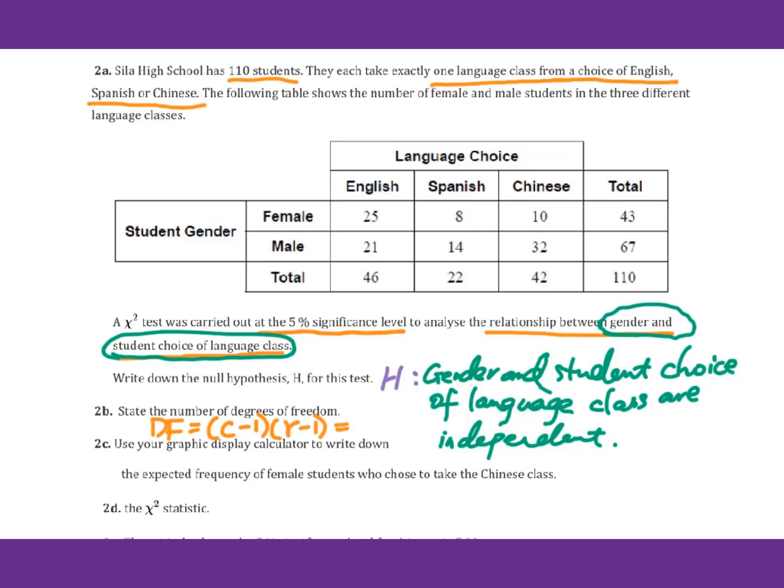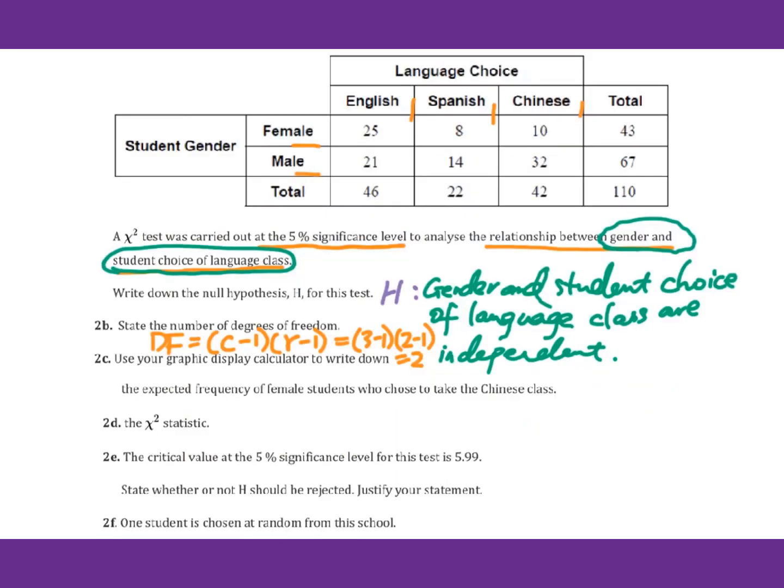From the table, we know you have 2 rows and 3 columns. So we have 3 minus 1 times 2 minus 1. That equals 2.